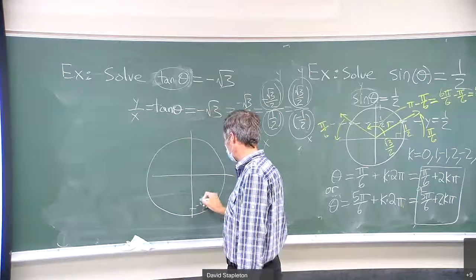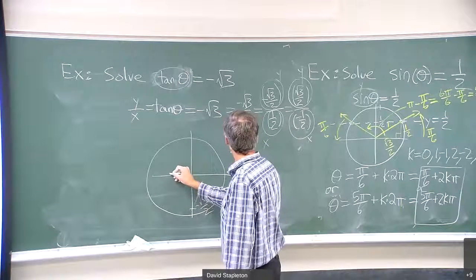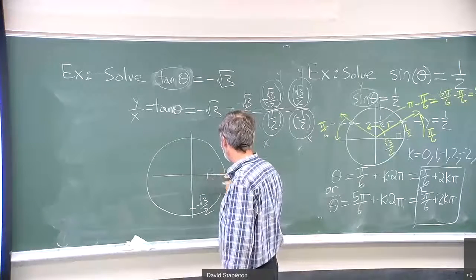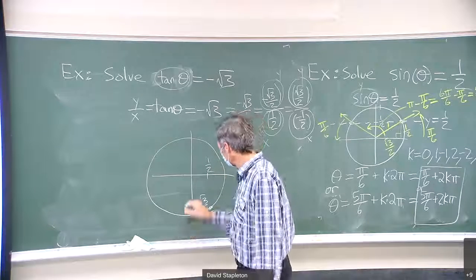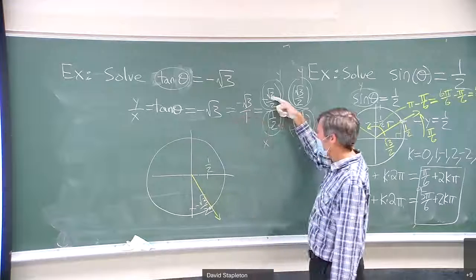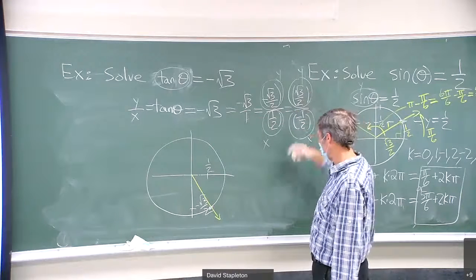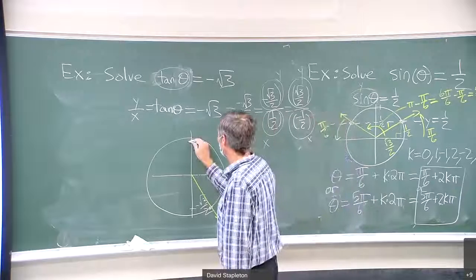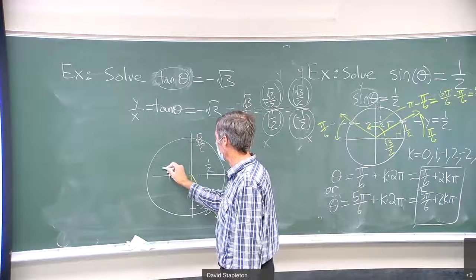Here's minus square root 3 over 2, so it's almost minus 1. 1/2 is halfway to the right here, and we're going to go through this point. So here is the one angle right there that has y equal minus square root 3 over 2 and x equal a half. But there's another one, y could be plus square root 3 over 2 here, and x could be minus a half.